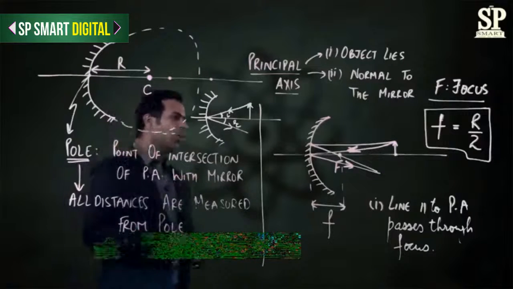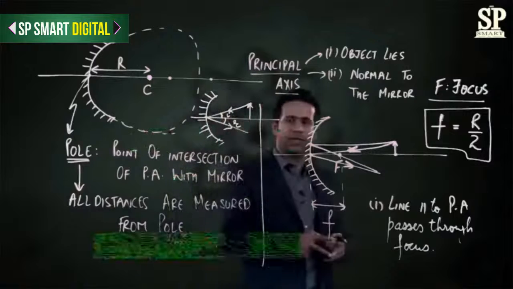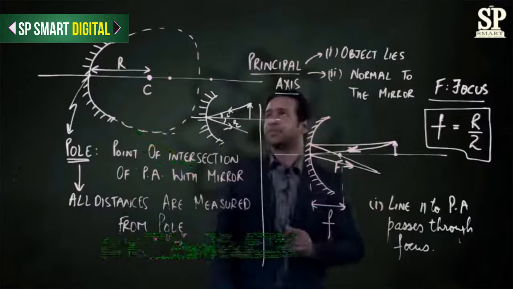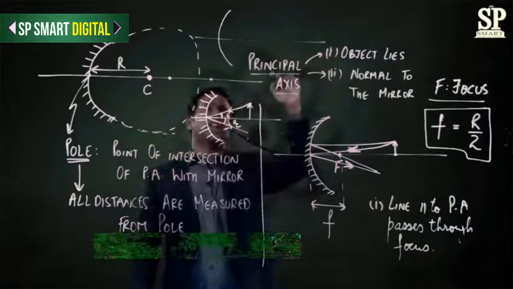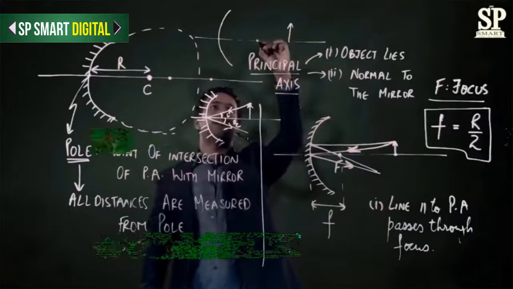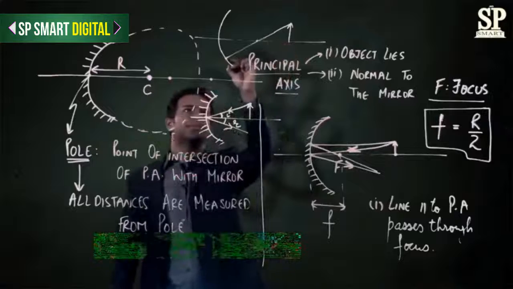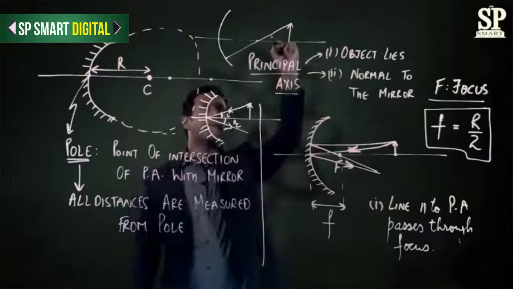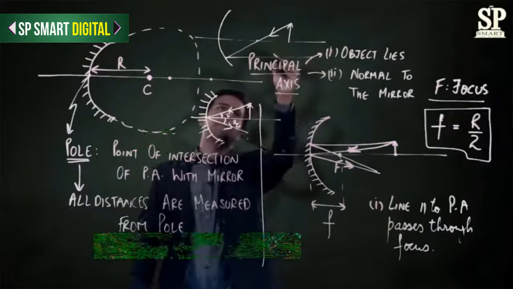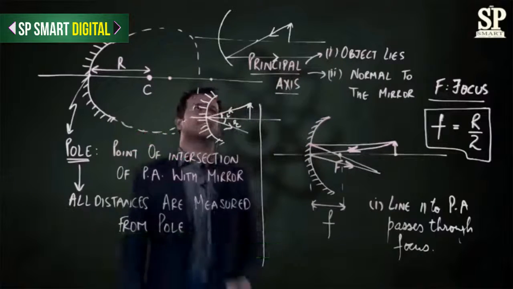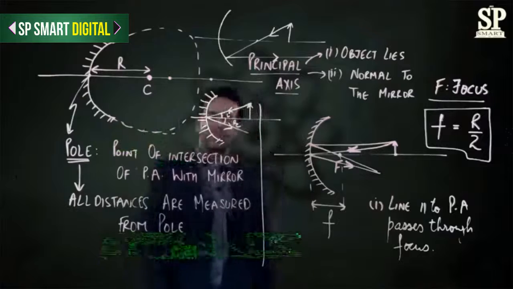There's a third law which is actually a converse of this law, which says that if a ray passes through the focus, then after reflection it becomes parallel to the principal axis. This is fairly obvious, right?